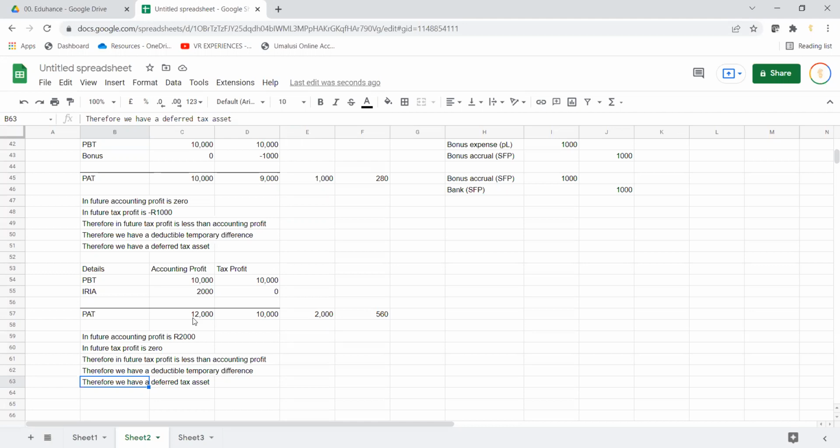What is the benefit of a deferred tax asset? That in future, you can pay less taxes. How do you pay less taxes? You can reduce your taxable profit in the future. So the only way you can recognize a deferred tax asset is if you will have sufficient taxable profit in future periods. Okay, so that is that.